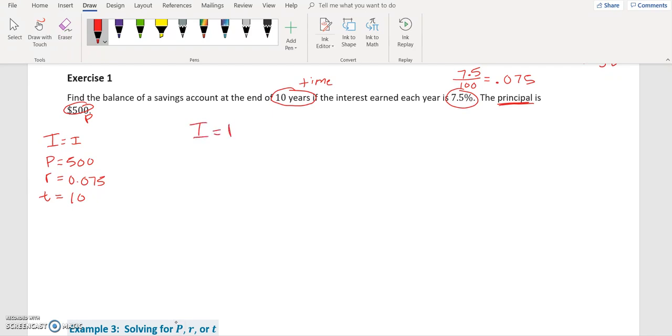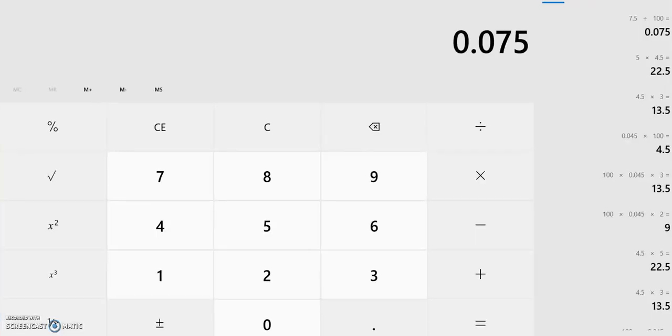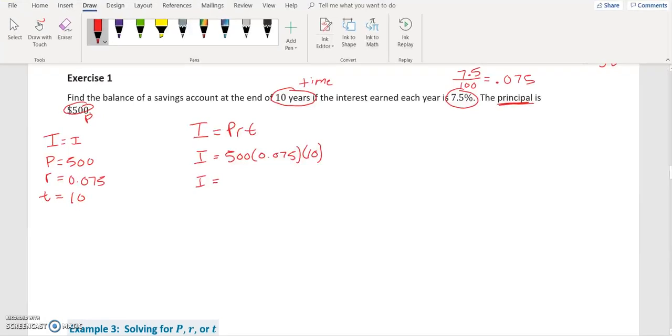Equation, I is equal to PRT. I is equal to 500 times the rate, 0.075, times the time, which was 10 years. So I is equal to 500 times 0.075 equals 37.5.